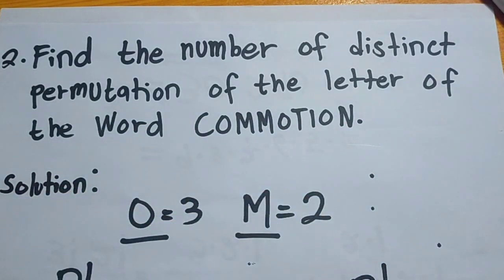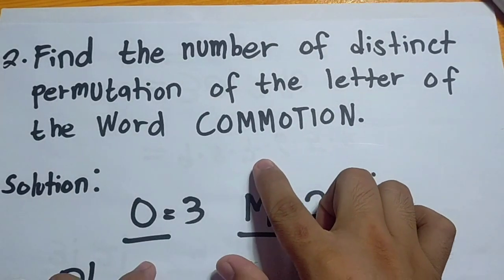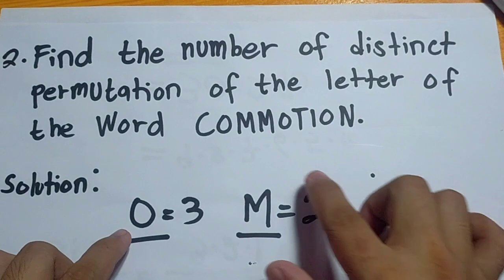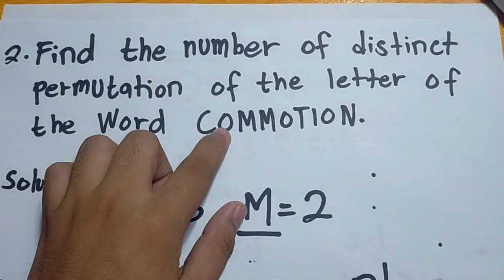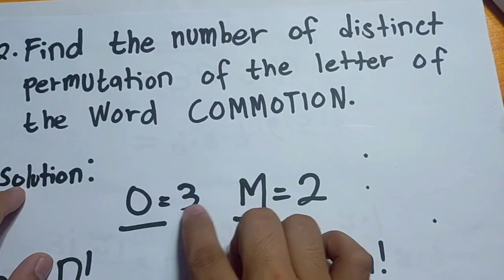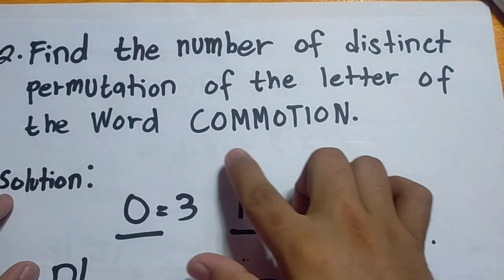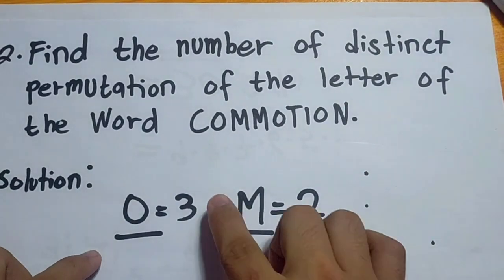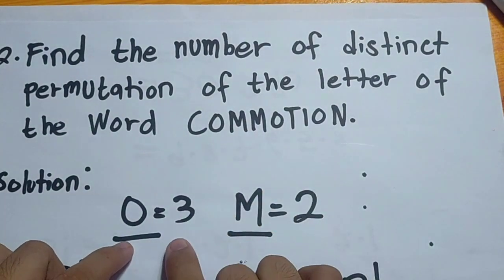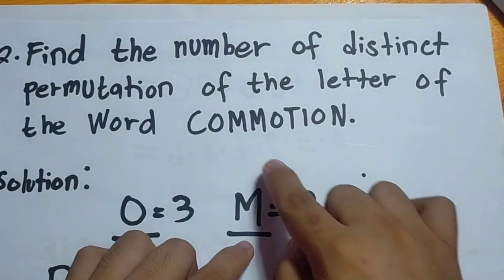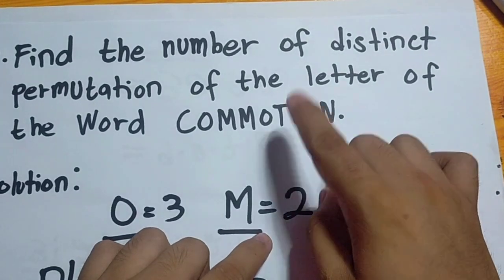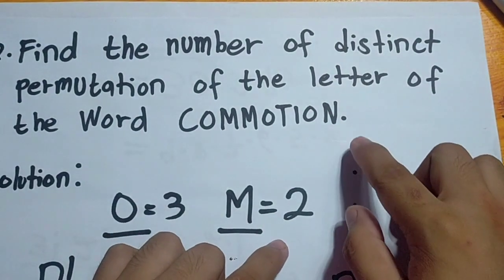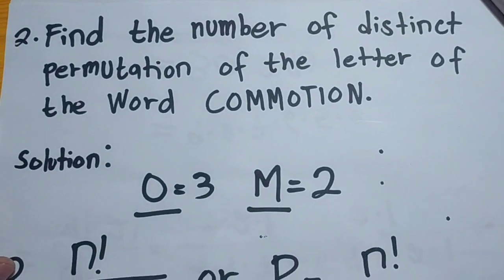So, in our solution, the common letters of the word commotion: C is 1, the O is 1, 2, 3. So, O is equal to 3. The letters that only count once we will not include, because they do not take part. So, O is equal to 3. M is equal to 2. The T is 1, the I is 1, the N is 1, so we will not include them.